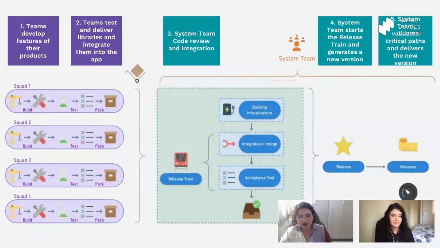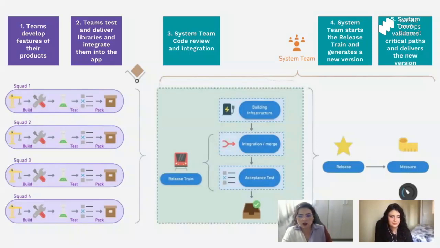Now, this is a diagram showing the system team and the other teams' responsibilities. Numbers 1 and 2 show how the teams are responsible for developing, testing, and delivering the product. On number 3, we see that system team acts to review the pull requests and integrate the code from the teams.